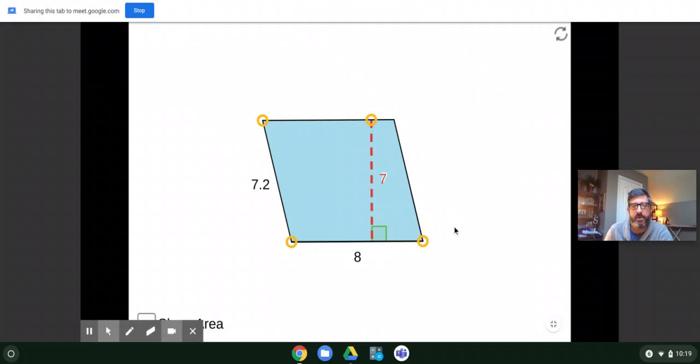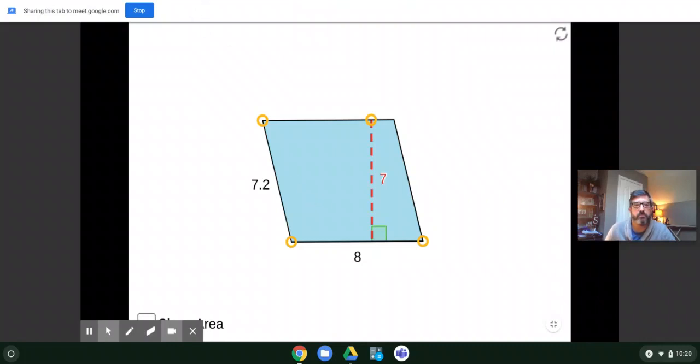7. Right. So now that we know our base, which is 8, and our height, which is 7, how do we find the area? Do you remember our formula? What was our formula that we used? 8 times 7.